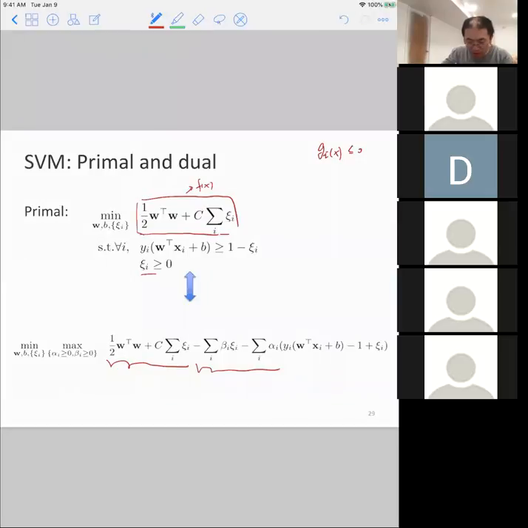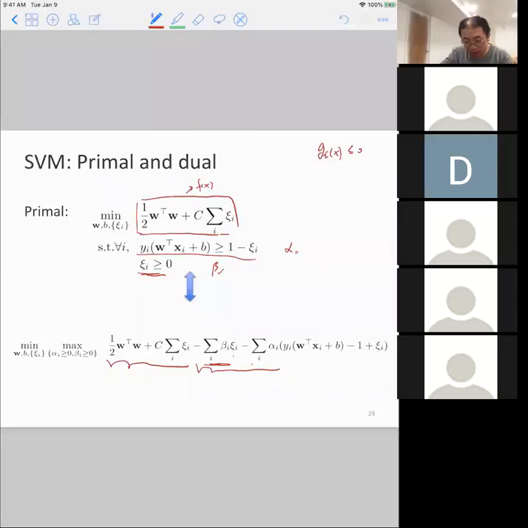So this is the objective function. This part is the second type of constraints: minus the summation over each training example of beta i epsilon i. The other summation is all about the constraints of the functional margins, also a summation over the training examples.